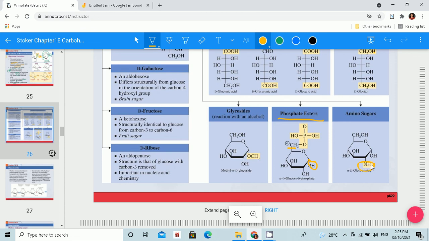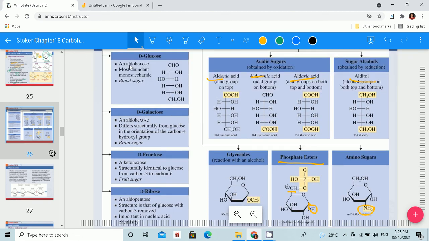So we call this one as alpha D glucosamine. Okay, alpha D glucosamine. But also remember, you take note also of the N-acetyl group. Yes, you also take note of that. Wala lang siya dire.